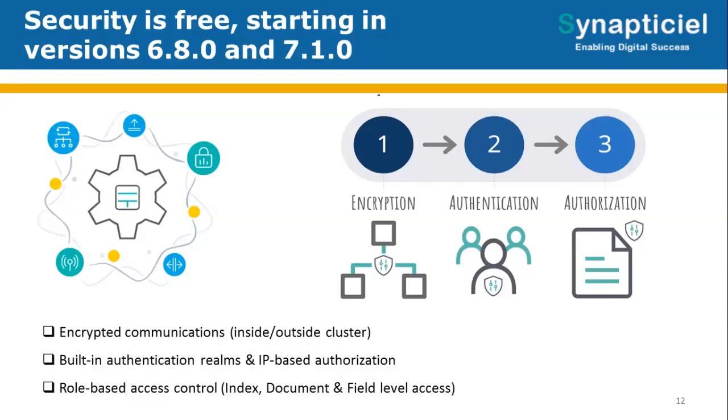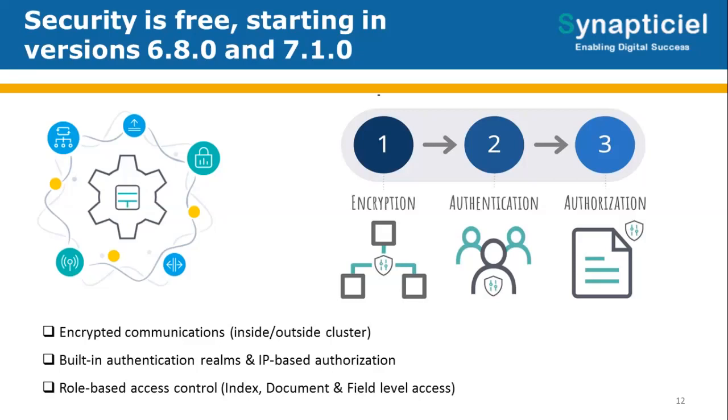From the security perspective, the Elastic Stack, starting with version 7.1 and 6.8, provides security for free. There are 3 levels of security. First is encryption. Elasticsearch is distributed, meaning we can have multiple nodes, and nodes communicate between themselves using the transport protocol.